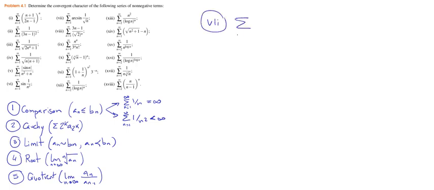7. The sum from n equals 1 to infinity of the arc sine of 1 over the square root of n. Again, we need to use the limit comparison test. And how? Because we know that the sine of epsilon sub n is asymptotically equivalent to epsilon sub n.